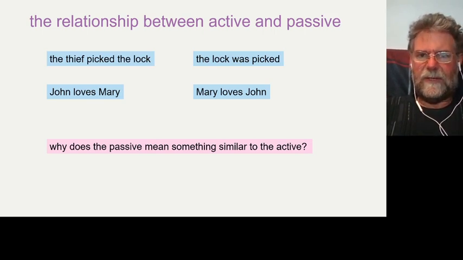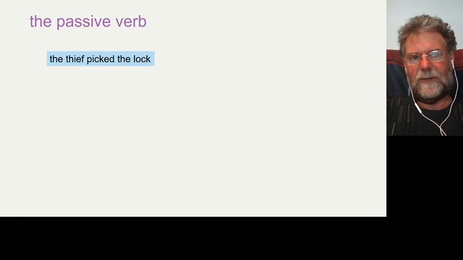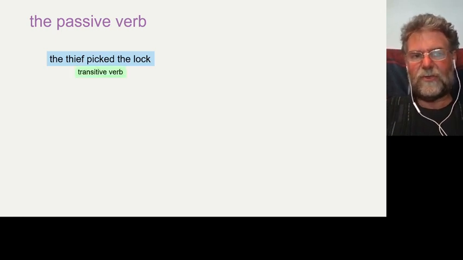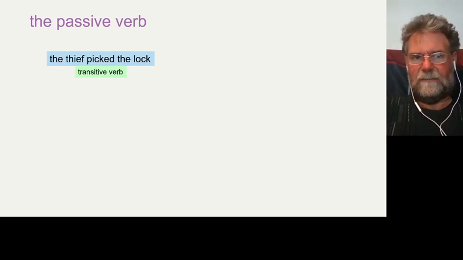Another observation about the passive and the active comparison concerns the actual verb itself. As we've said, in something like the thief picked the lock, the active version of the sentence, we're using the verb pick, and pick is a transitive verb. That means it's the kind of verb that has an object, the lock in this particular case.